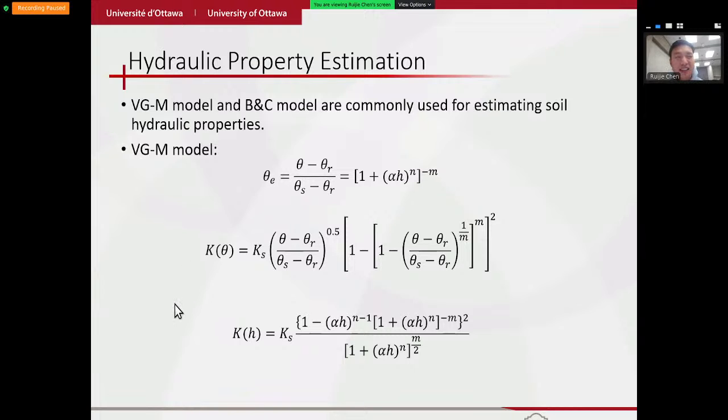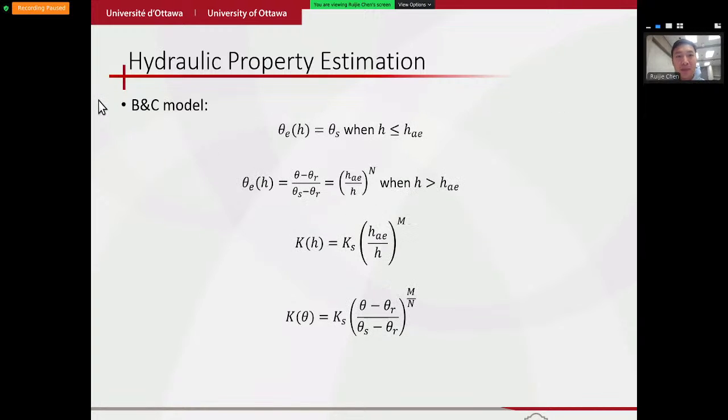And besides that, it's nearly impossible to measure those hydraulic properties under the condition that the soil is unsaturated. So empirical models are often employed to predict those hydraulic properties. The 2 most popular models are the VGM model and the BC model. In the BC model, a parameter related to air pressure is included.